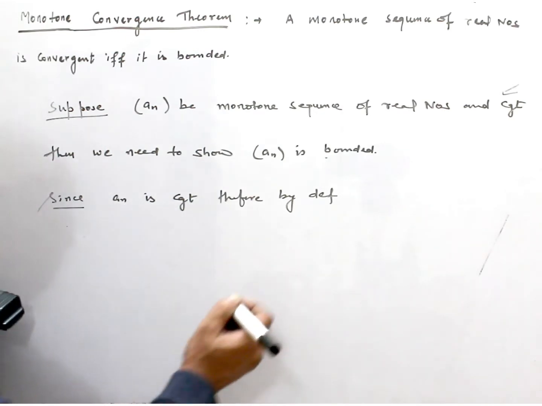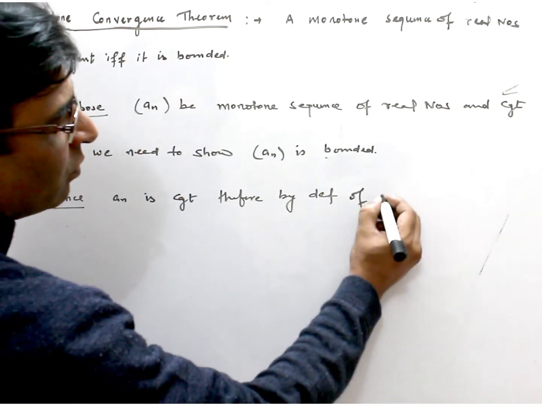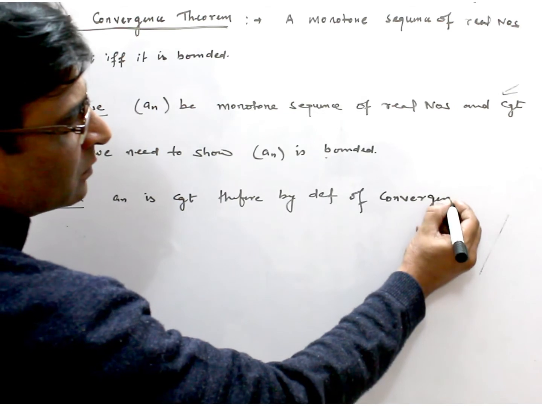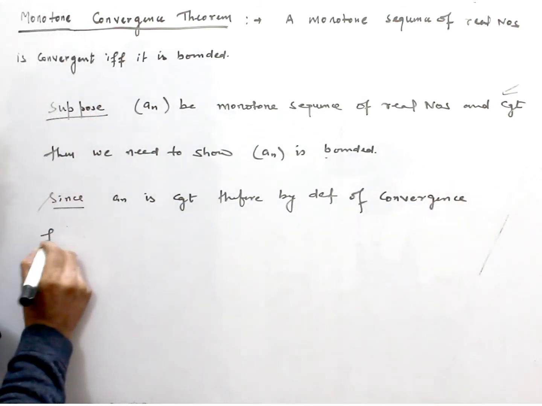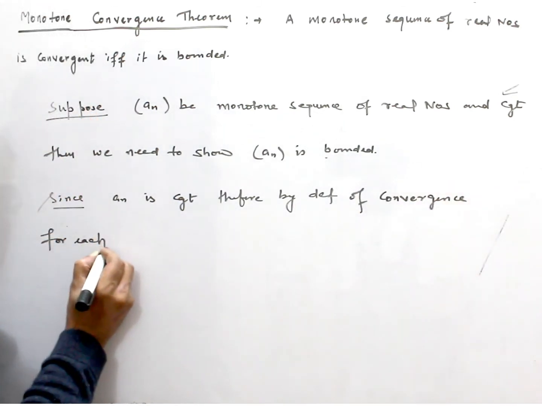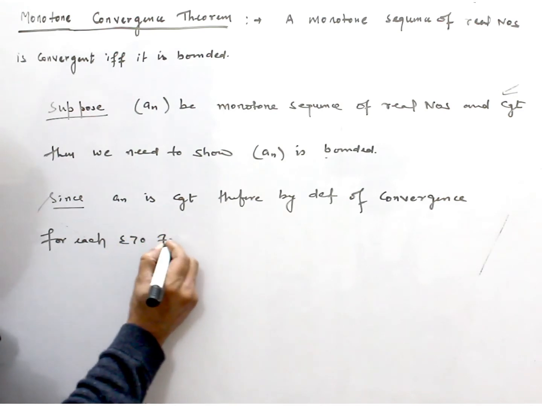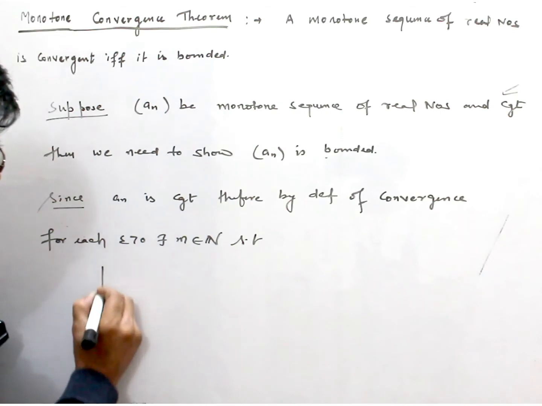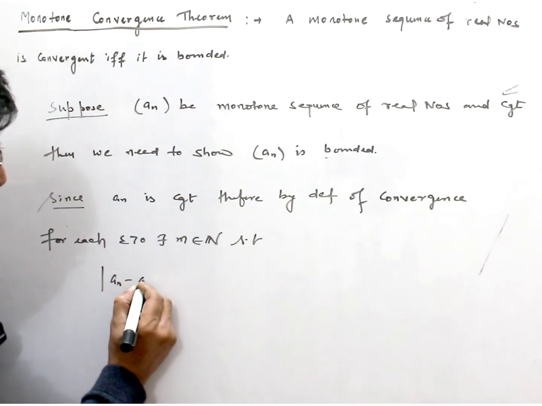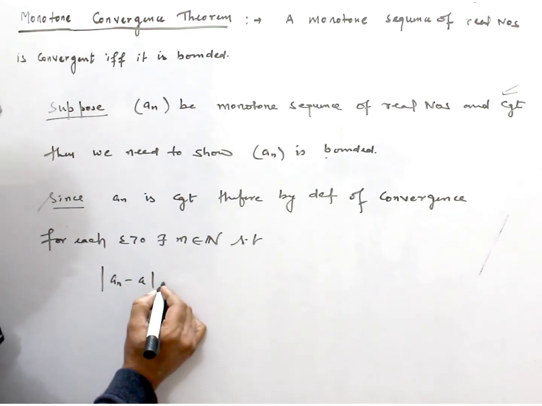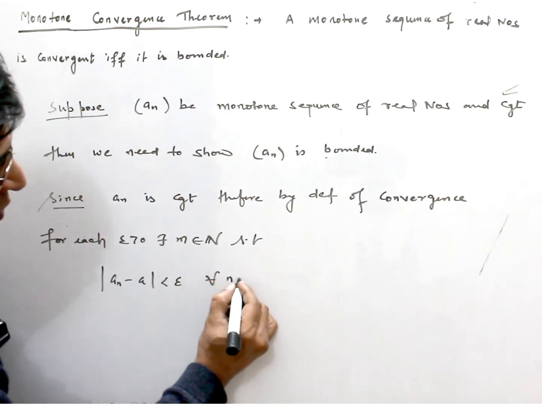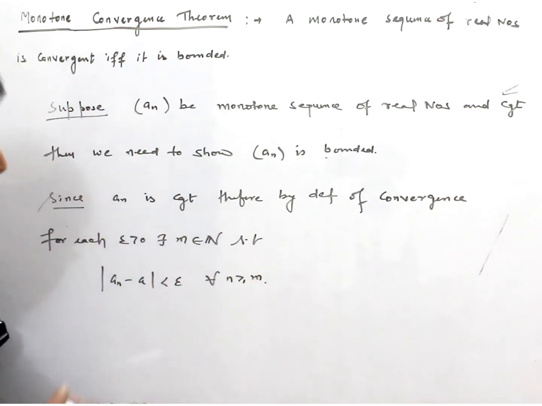So by the definition of convergence, for each epsilon positive there exists m in N such that the absolute value of An minus a is less than epsilon for all n greater than m, where a is the limit of the sequence.